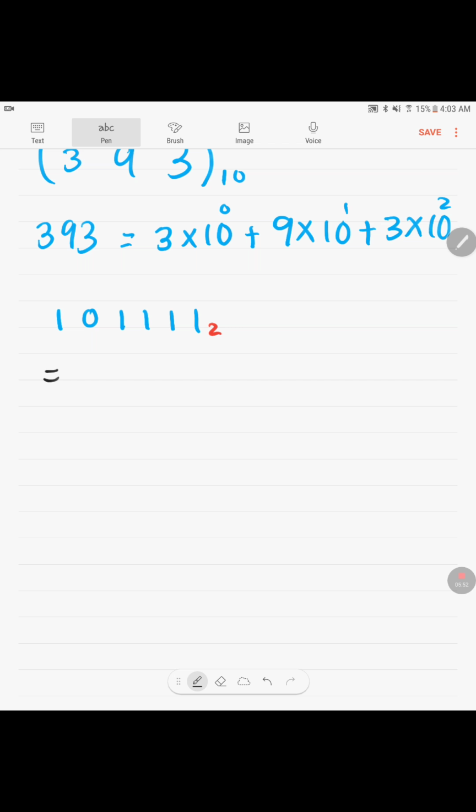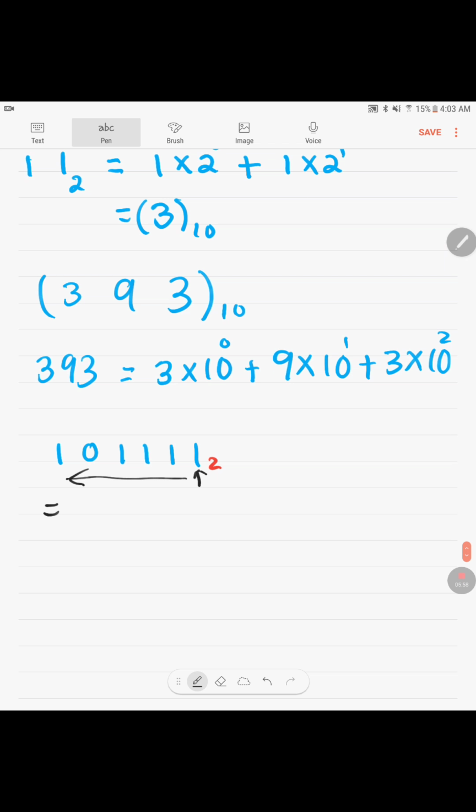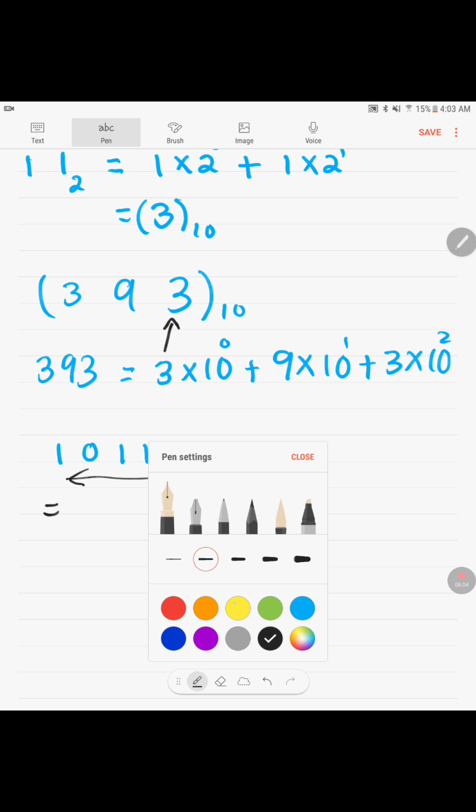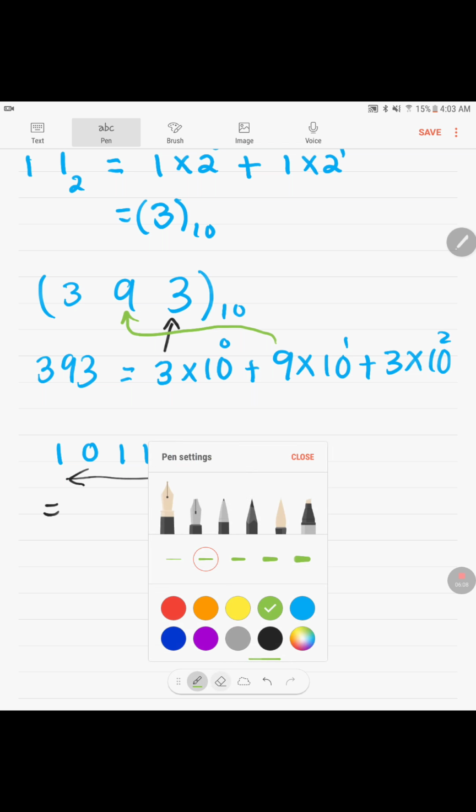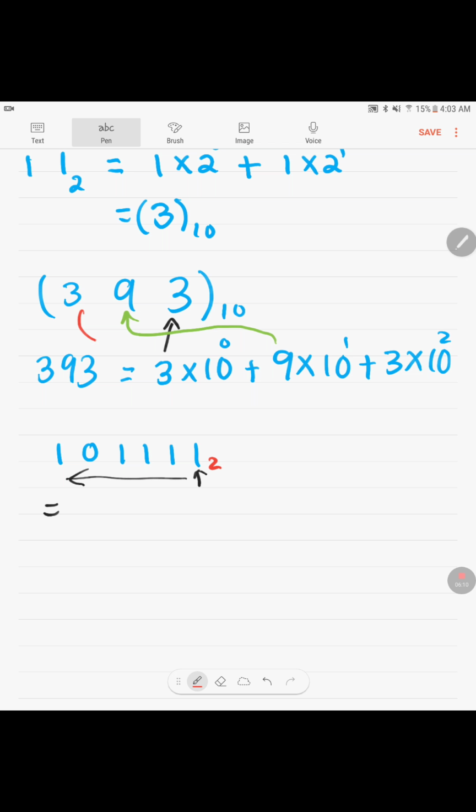So we start with the rightmost and we go this way, the same way we applied here. This 3 is from here, and this 9 is from here, and this other 3 is from there. So we see that we start from right to left.